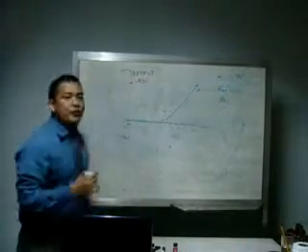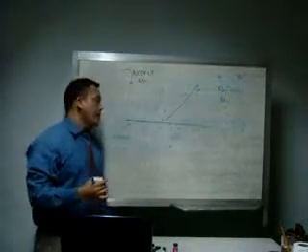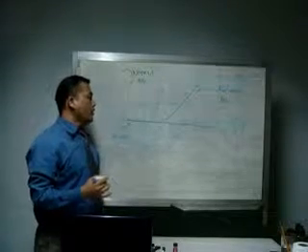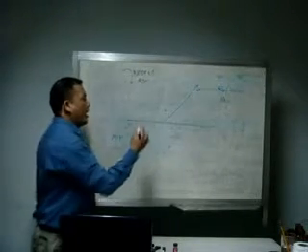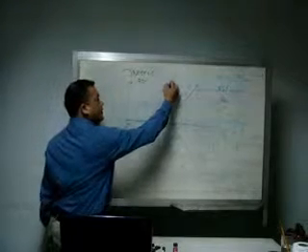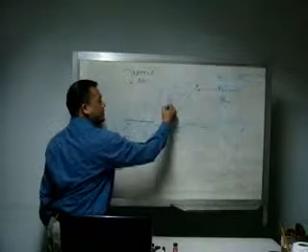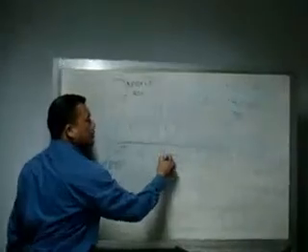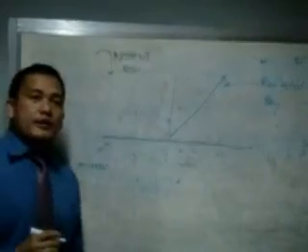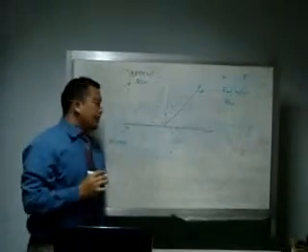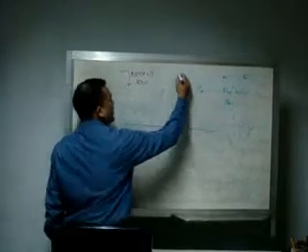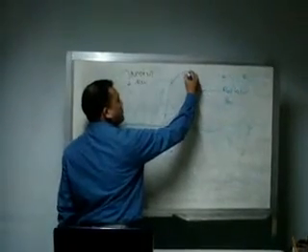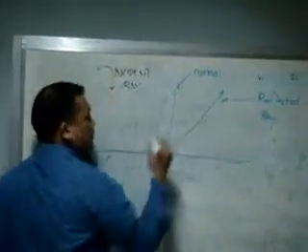Now, if we draw a normal line along the mirror, like I will draw a dotted line, we call it a perpendicular line cutting through the mirror. This line we call the normal because it is perpendicular to the mirror.